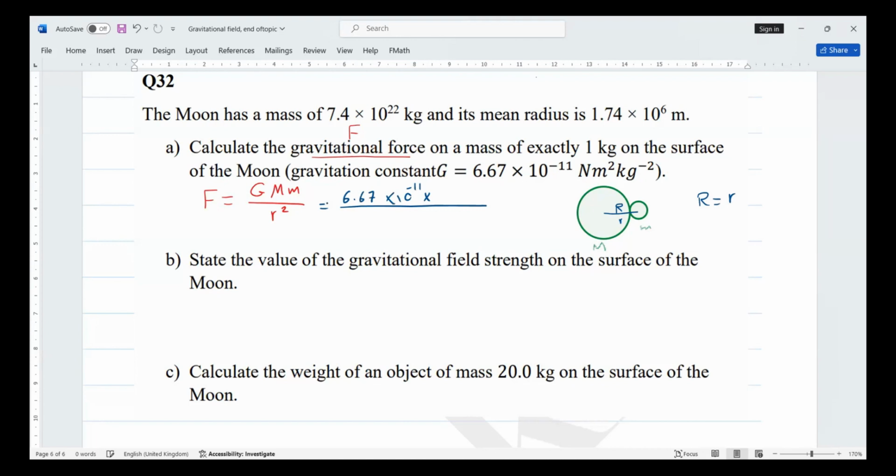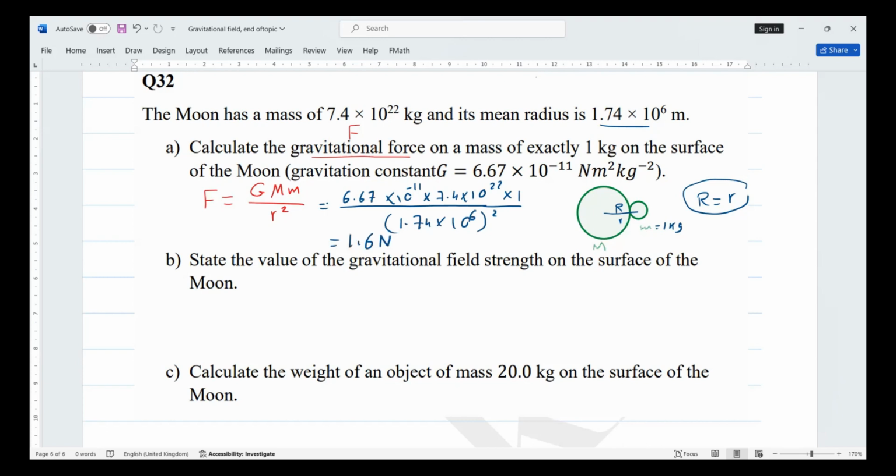M is the mass of the moon in kilogram, which is 7.4 times 10 to the power 22, multiply M small, which is 1 kilogram, over R. R capital is the same as R small because it is on the surface, and the radius here is 1.74 times 10 to the power 6, all squared. By using the calculator, you will get the answer as 1.6 Newton.